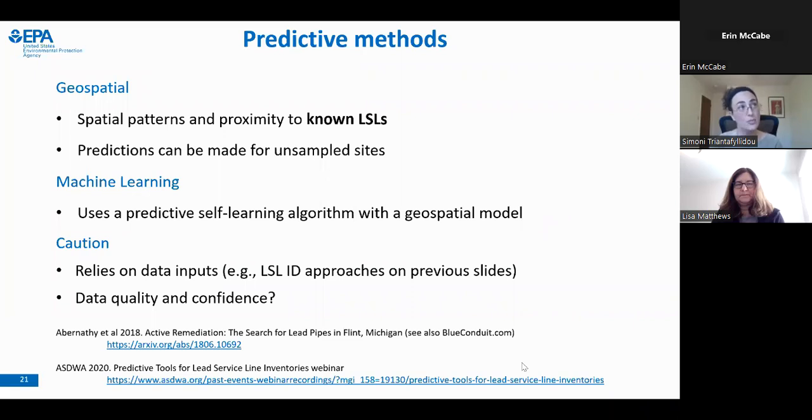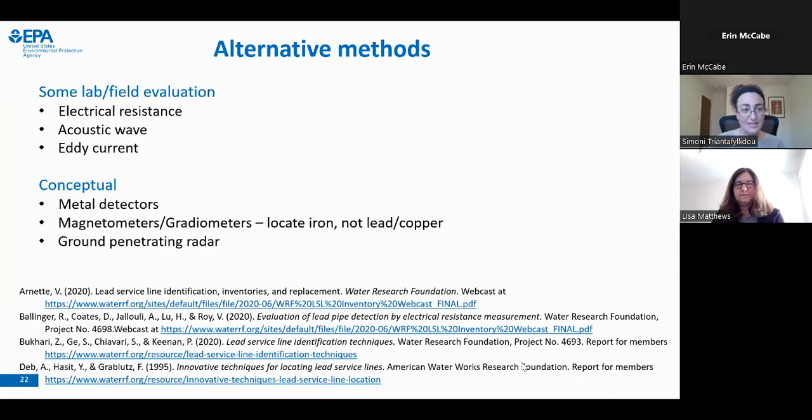So there's a question about the quality of the data that comes in and the confidence in the predictions the model makes. Also, if you'd like to know more about these approaches, there are some resources here at the bottom to read afterwards.